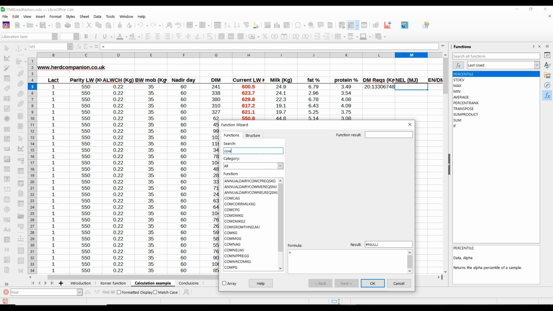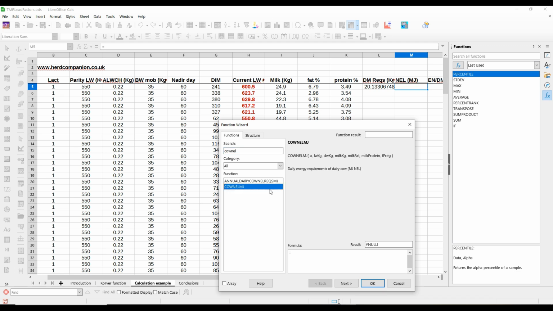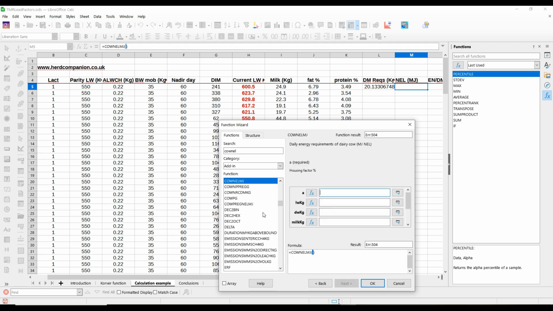Cow null. There are functions for net energy of lactation, dry matter, protein, minerals, and so on. But for this presentation we will just use dry matter net energy of lactation to keep things simple.